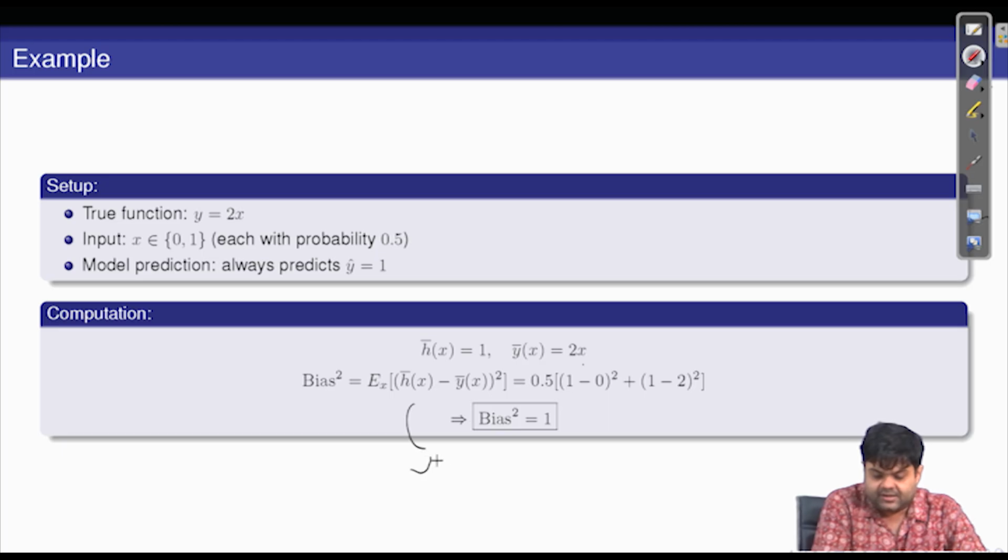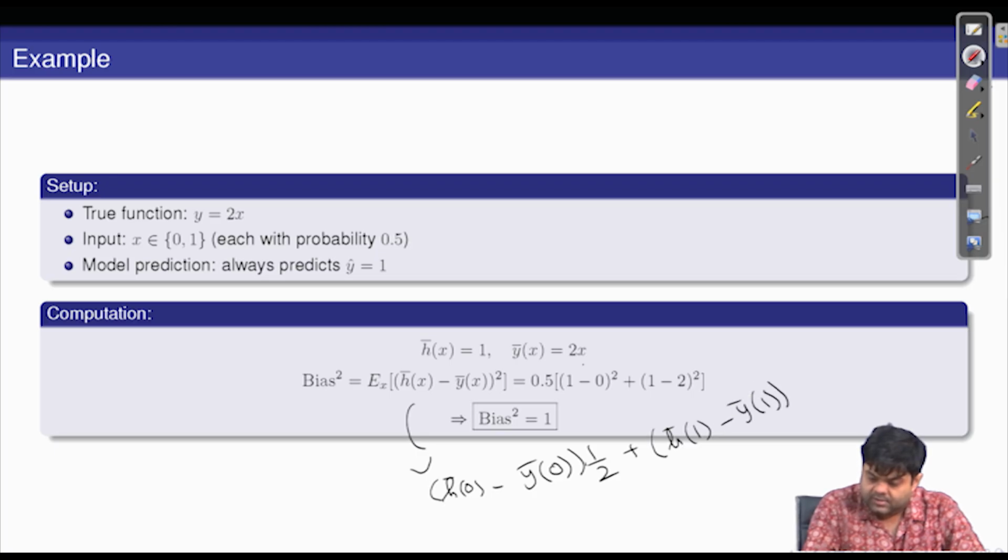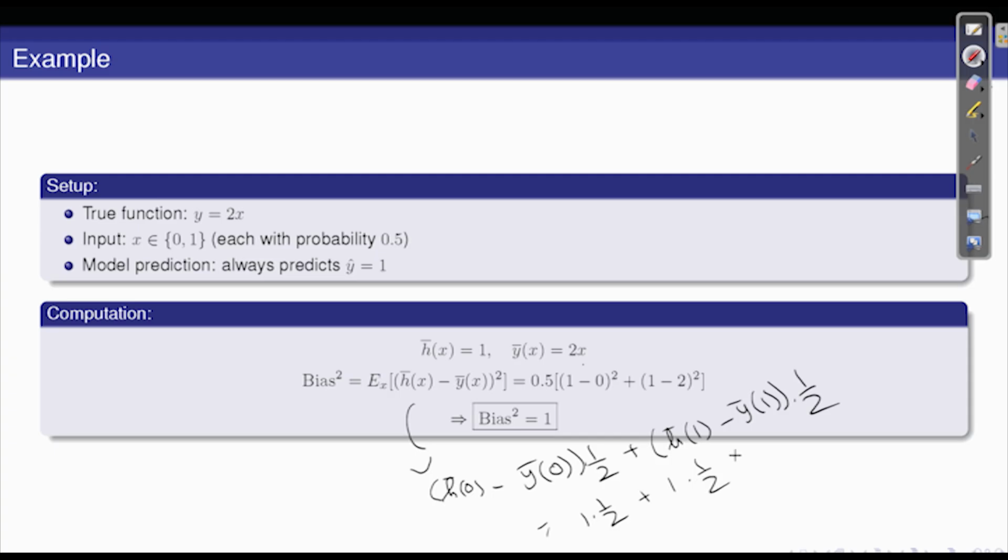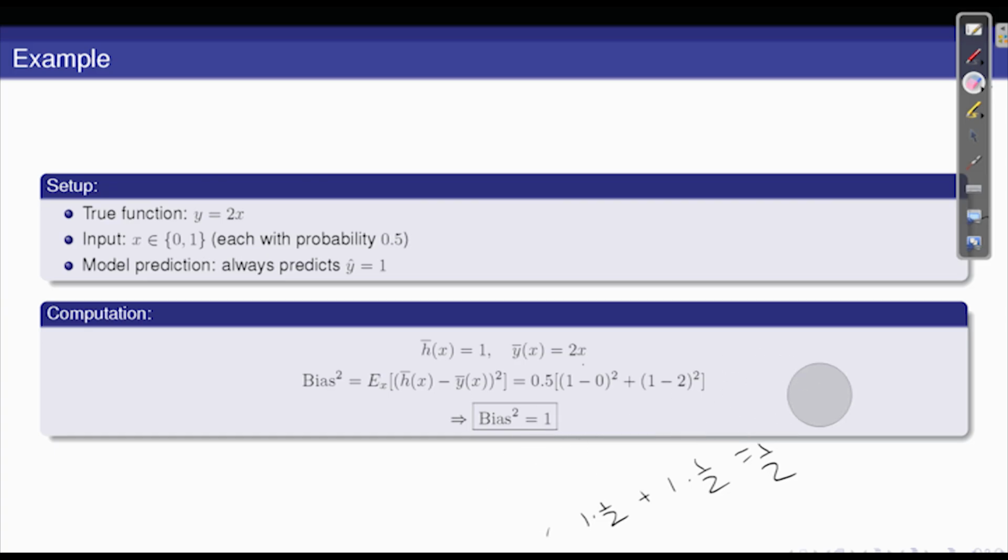So this is (h bar 0 minus y bar 0) squared times half, plus (h bar 1 minus y bar 1) squared times half. Now, this is 1 times half plus 0 times half, which gives half. So this is the bias of this model. Of course, this is a very artificially constructed model, just to explain what these values are.